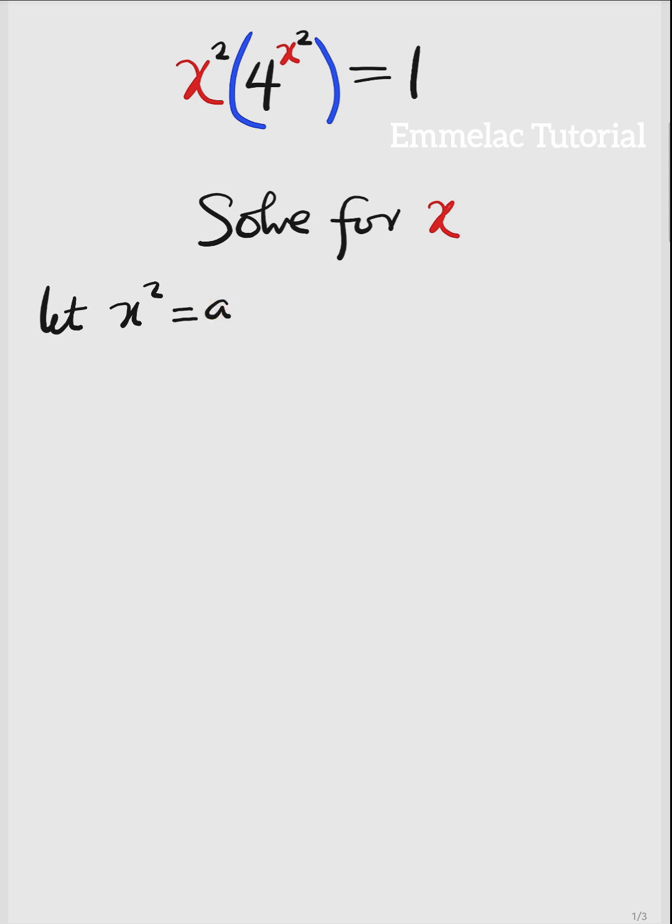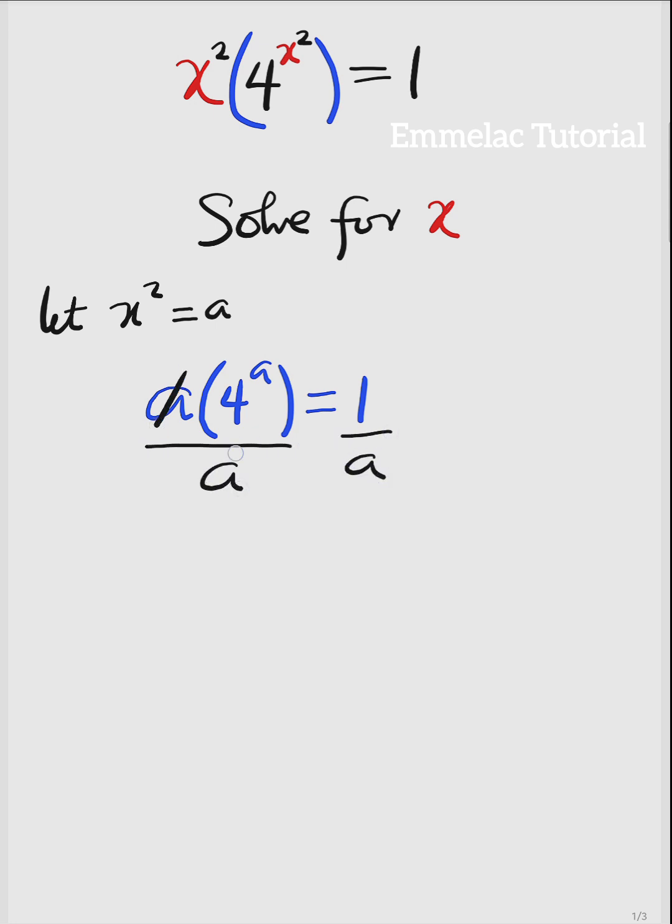Alright, so we have it that a times 4^a equals 1. Okay, so the next thing we just need to do here is let's divide both sides by a.